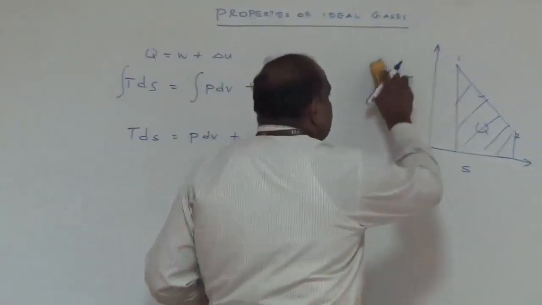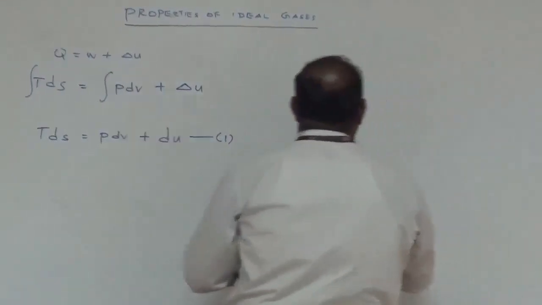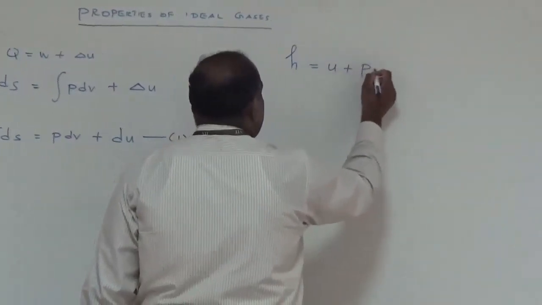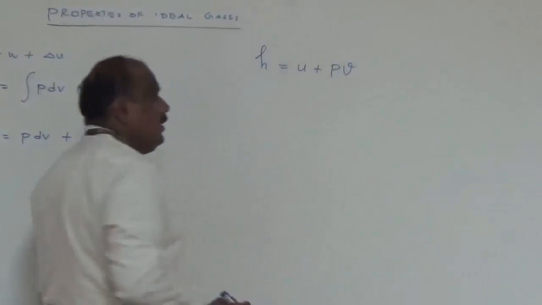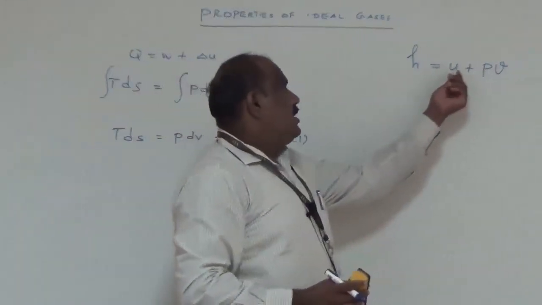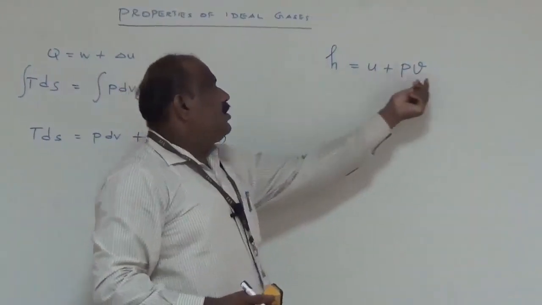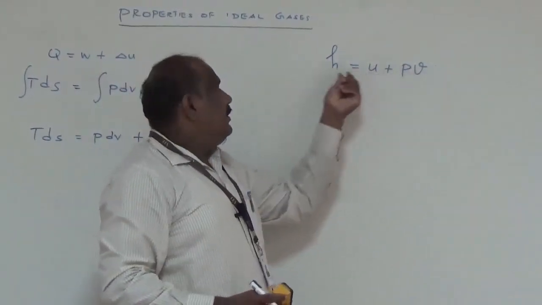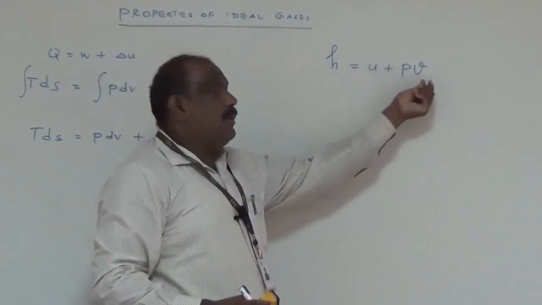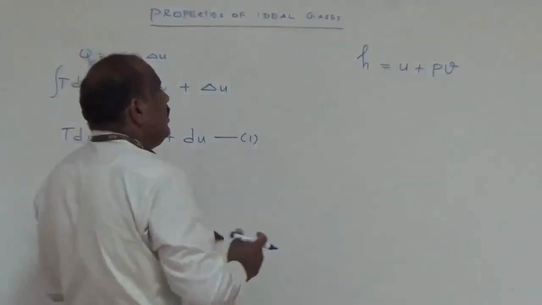As well as that, we know that the enthalpy is given by H equals U plus PV. Here U is the specific internal energy, H is the specific enthalpy, and V is the specific volume, that is, the energy, enthalpy and volume per unit mass. So these are the specific properties.